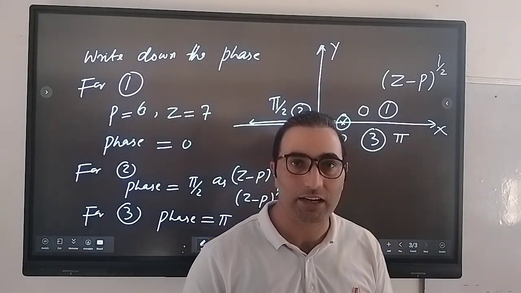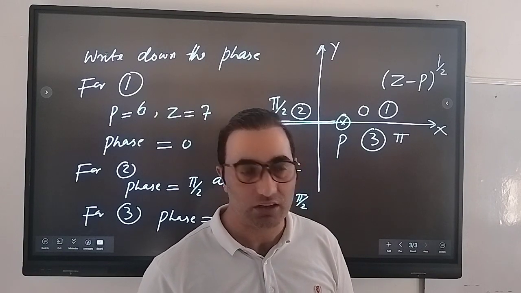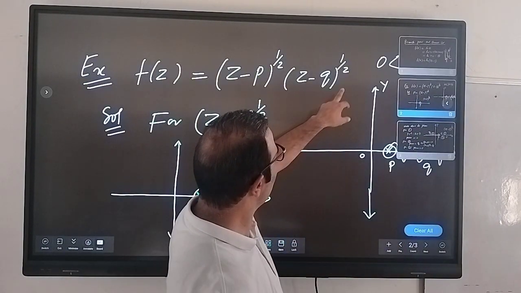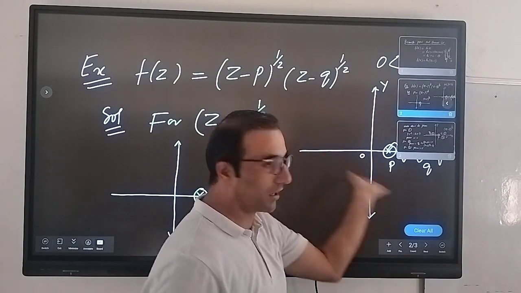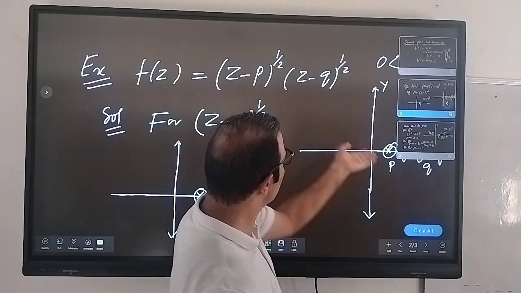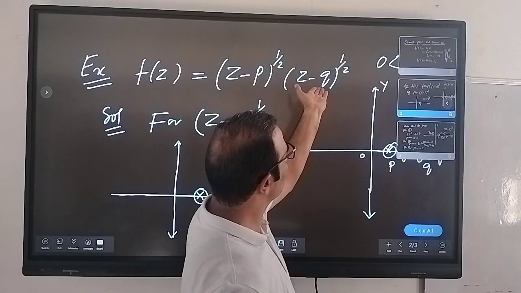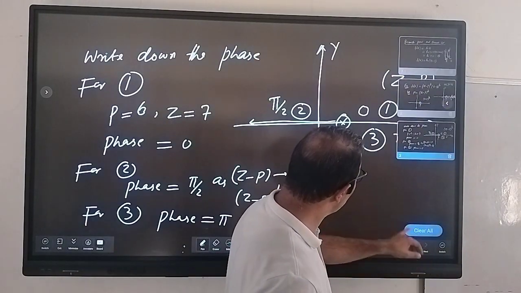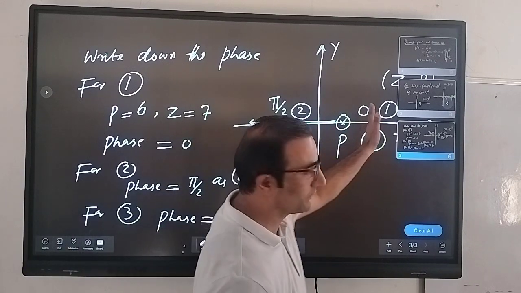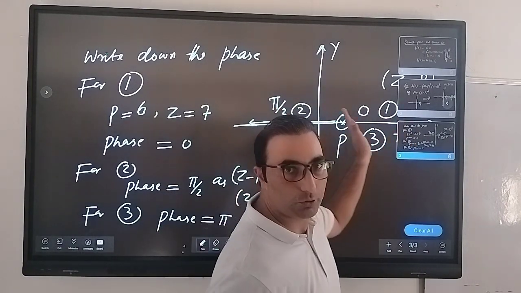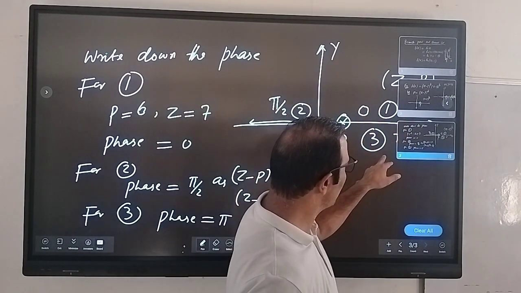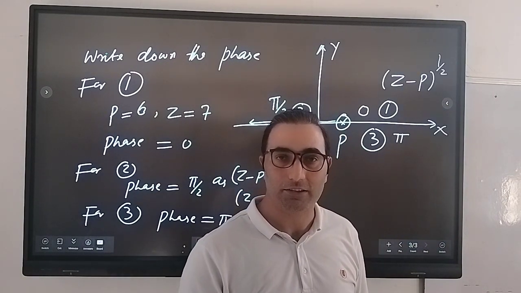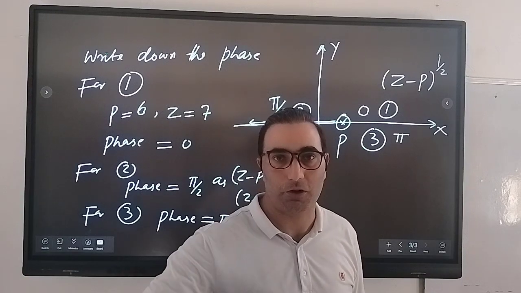So if we check another function, that is (z minus q) raised to the power 1 by 2, we can have the same kind of trend. For the first region, I can write 0, as I wrote for the earlier one, then for the second region it will be pi by 2, and in this third region it will be pi, because our function f of z is (z minus p) raised to the power 1 by 2.